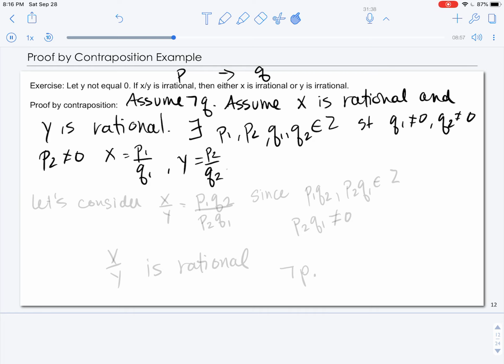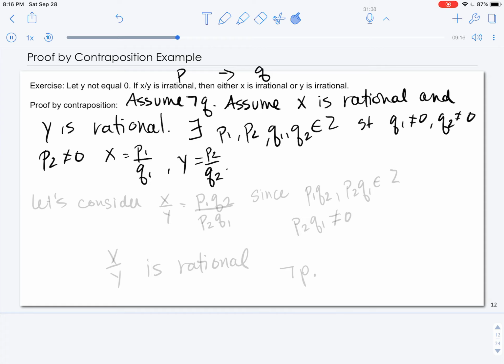Just as an observation, q1 and q2 are both not equal to 0 by the definition of a rational number, but we can also assume that p2 is not equal to 0 because y is not equal to 0.